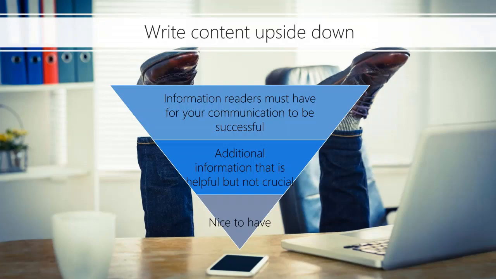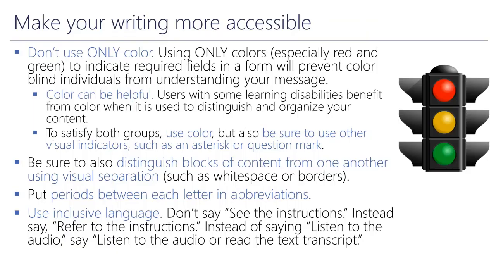If you want to make your writing even more accessible, don't do some of these things and do some of these other things. So don't only use color when you're trying to highlight terms. Avoid using only color, as it's going to make it much, much harder for people.